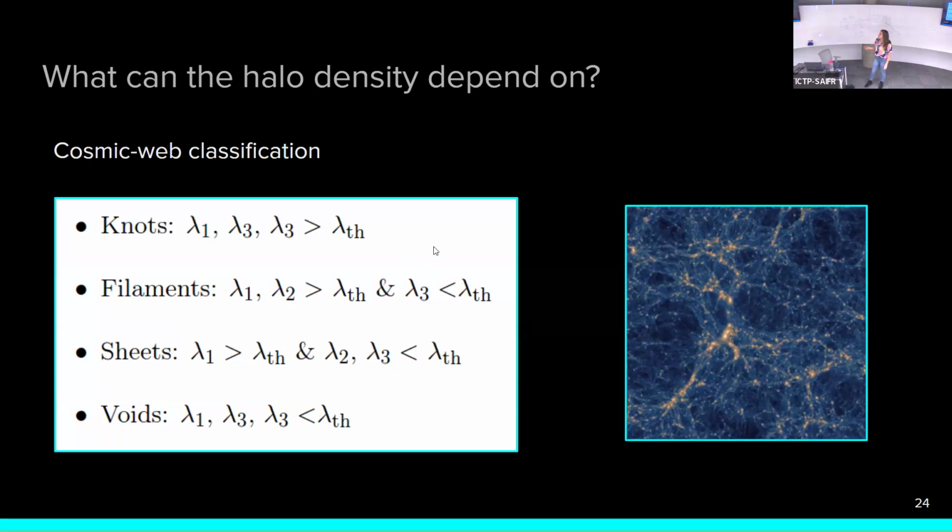There is a definition of the cosmic web classification. This is one definition. There are many, and it depends on your scientific interests. But one of them is based on thresholds in the values of the eigenvalues. So you define knots as all positive eigenvalues, filaments, sheets, and voids.